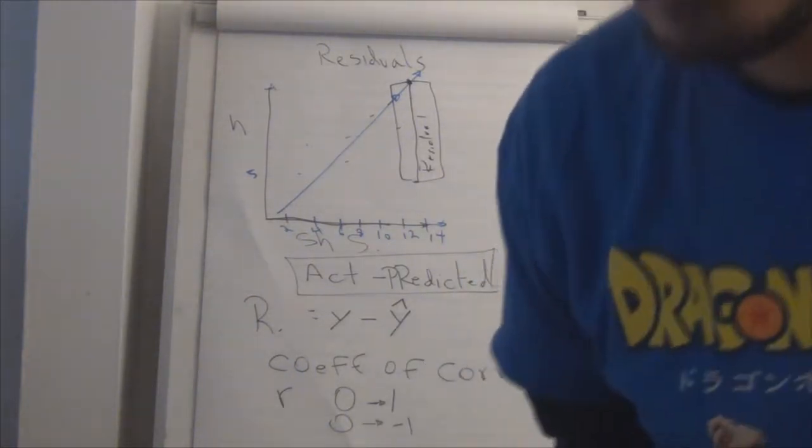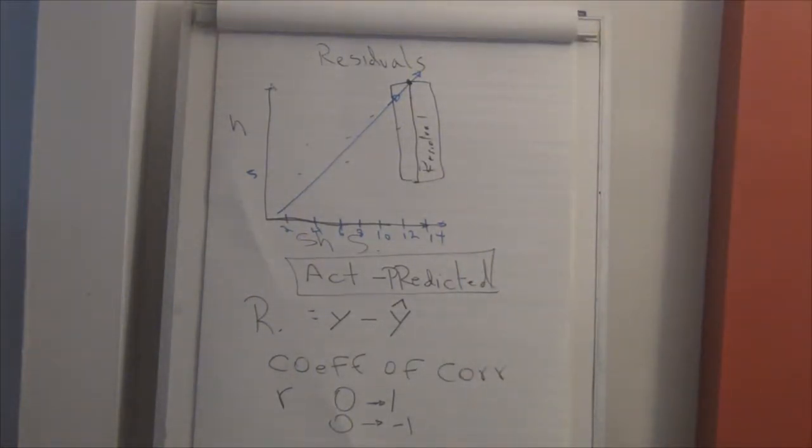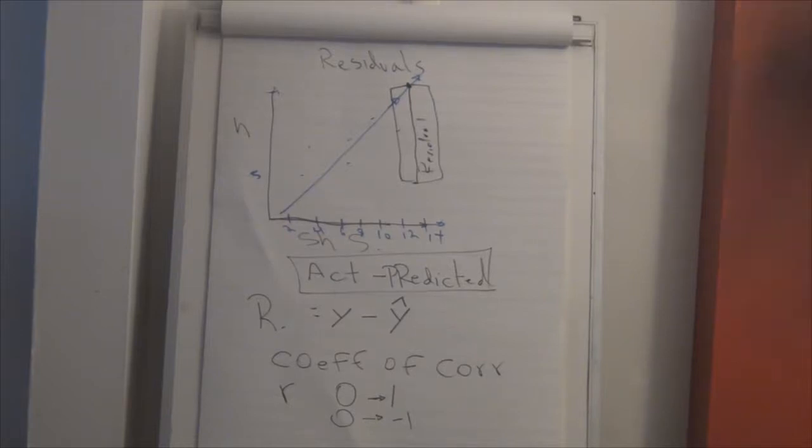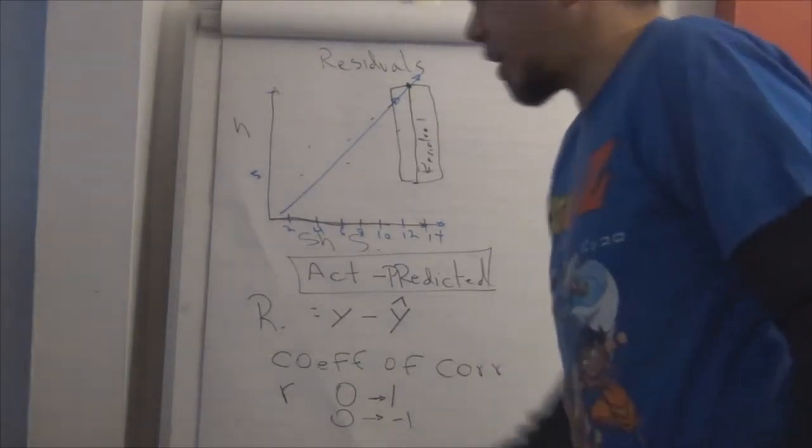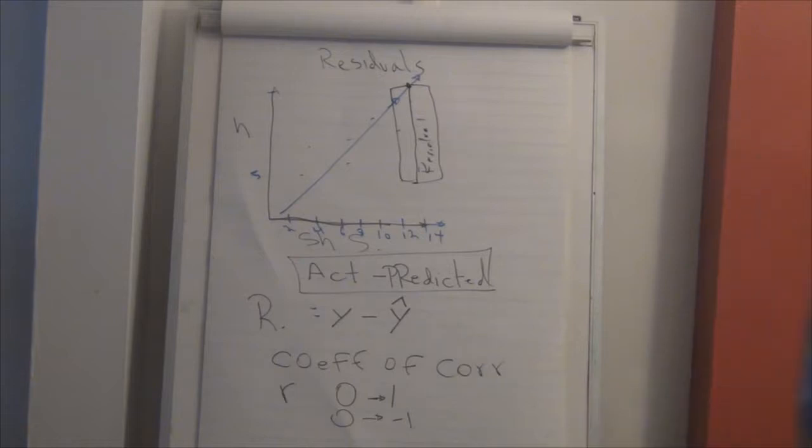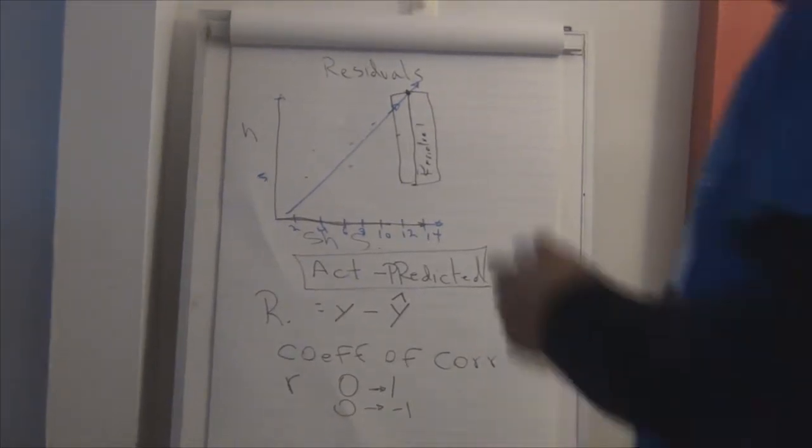Can you see that? Okay. So what does that mean between 0 and -1? That's what we're going to be looking into on the next page.